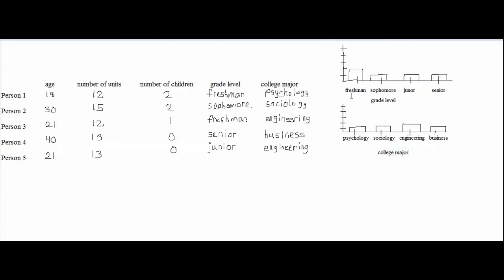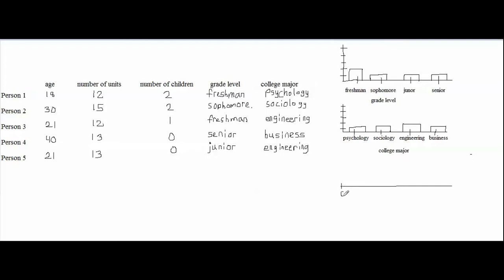The graph that we would make for a column of quantitative data is called a histogram instead of a bar graph. When you make a histogram, you start with a number line, like this, and then we would start with the lowest value right here, which is 0.